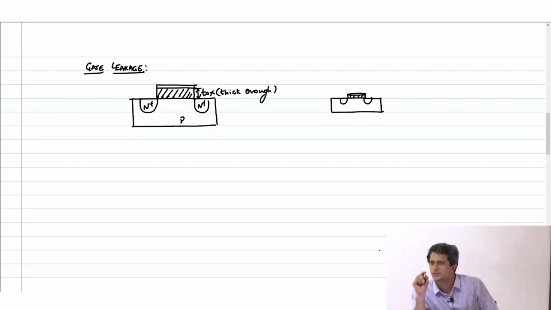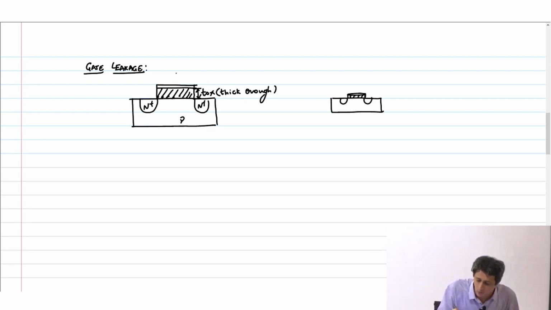The problem is, if you continue to do this beyond 45 nanometer, 22 nanometer and so on, what happens is this gate oxide becomes so small, right, that quantum mechanical tunneling can occur across the gate oxide. So if I ask you what's the current that is flowing into this gate of an NMOS transistor, what was your answer earlier?